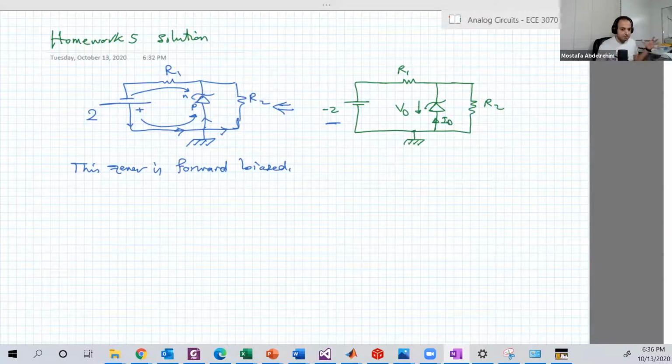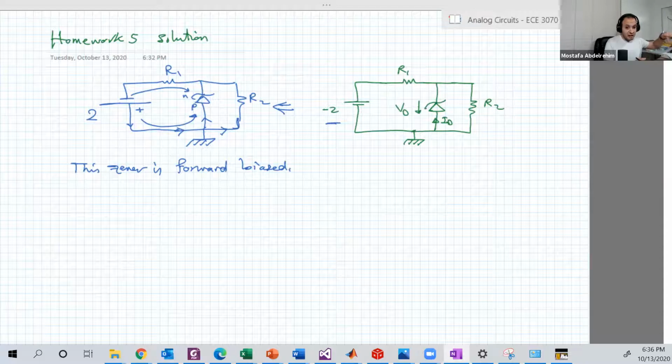Either assume something, assume it's on for example, and solve the circuit, or find the minimum input that will turn this diode on in forward bias, and compare the value of 2 to this V input minimum. So we can do both actually. Let's do it by the V input minimum.